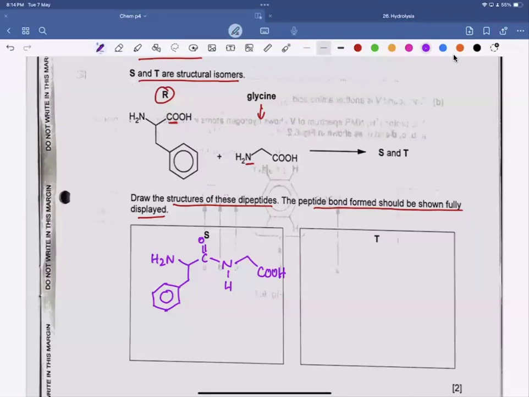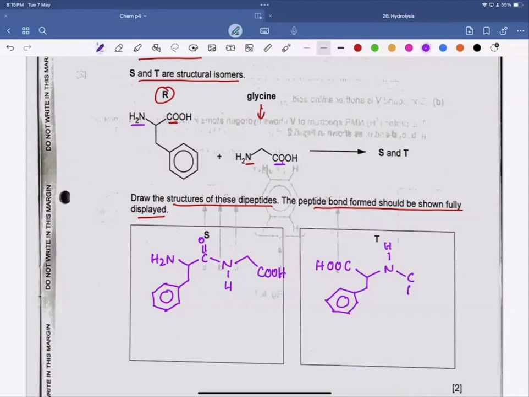Now, for the other isomer, I will swap them, which means that I'll keep the carboxylic acid over here and then nitrogen over here with the one hydrogen and keep the benzene ring like this. And this nitrogen is going to bond with this C double bond O. Now these two will get bonded.